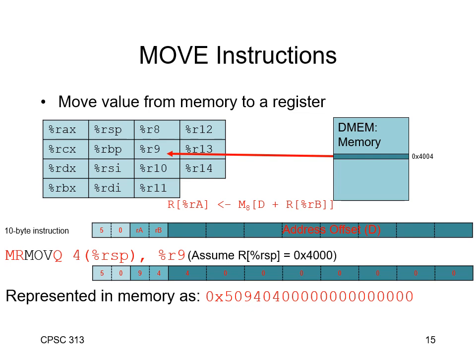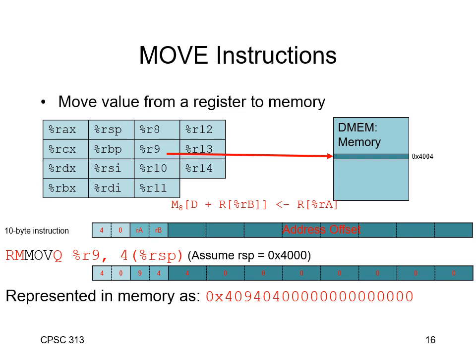So what we're doing here is we're taking the contents of RB, we're adding that to the address offset D that appears in the instruction, and then we're using that as an index into memory and saying take the 8 bytes that start at that address and move those into the register represented by RA.